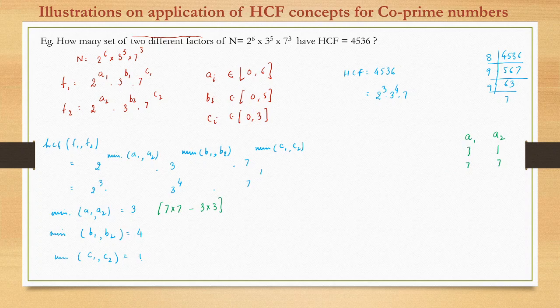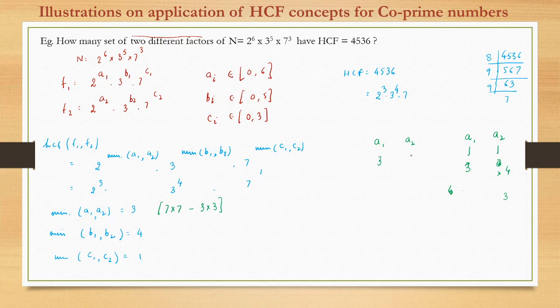Otherwise also we can see here, if a1 takes a value of, say, suppose 3, so a2 can take how many values? A2 has 4 options, it can take 3, 4, 5, 6. So it is 4 cases. Now if a2 takes a value of 3, so a1 can take 4, 5, 6, since one is already counted. Let us write those a1 a2.